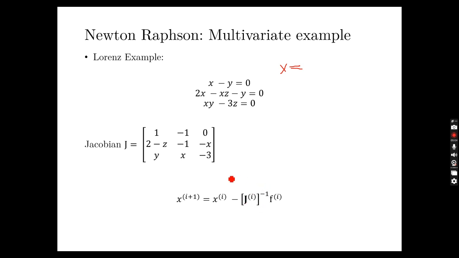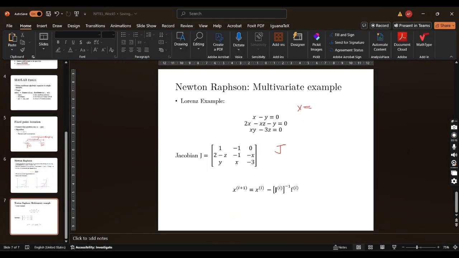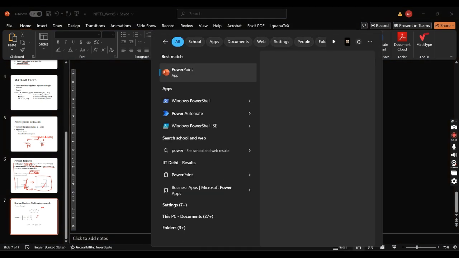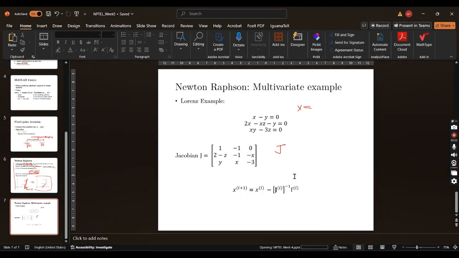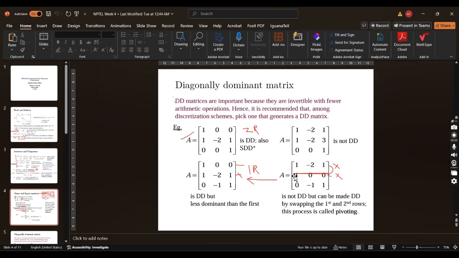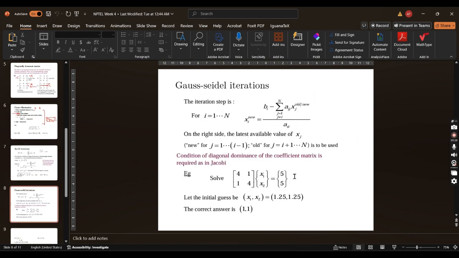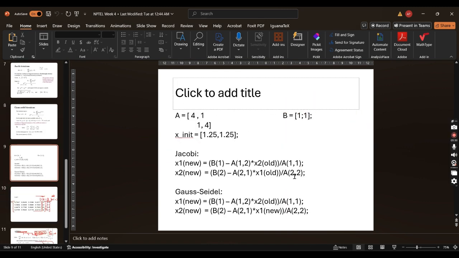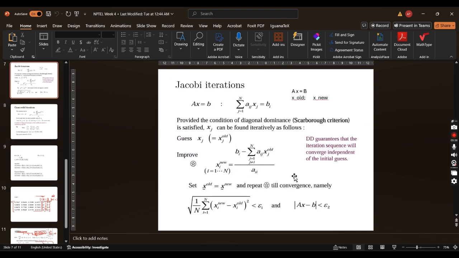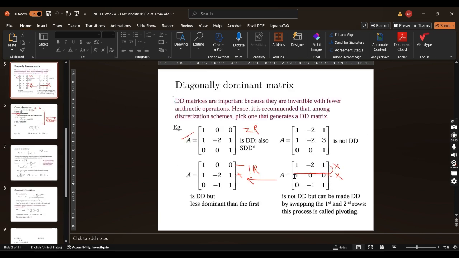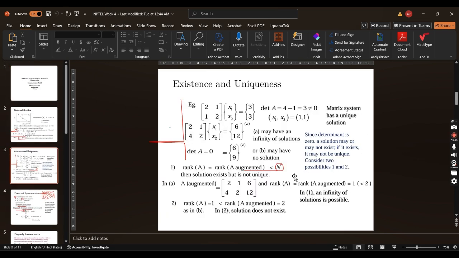So we all know that the Jacobian of the system is simply, we saw this in the last case, right? So if I go to the previous week 4 lectures, it was, okay, it's not in there.